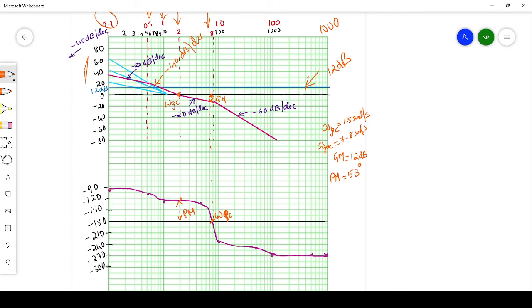In the previous case, the gain crossover frequency was 1.5 radians per second, and here the phase crossover frequency we are getting as approximately 7.8 radians per second, and the gain margin as 12 dB. You have to measure this distance. This is an approximate value of 12 dB, and the phase margin we got as 53 degrees.